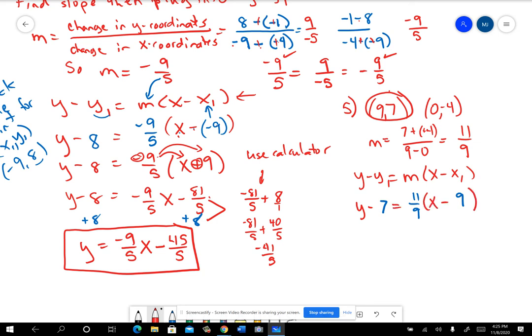Okay, so then we'd multiply the 11/9 throughout, and this happens, 11/9 times 9 turns out to be 11. Then you add 7 to both sides to get the y by itself. Okay, and we'd get y equals 11/9 x minus 4.